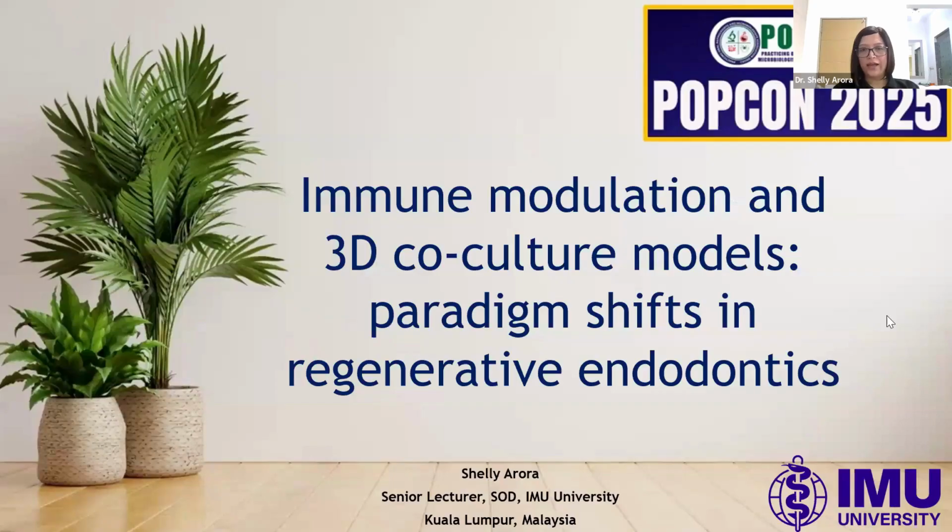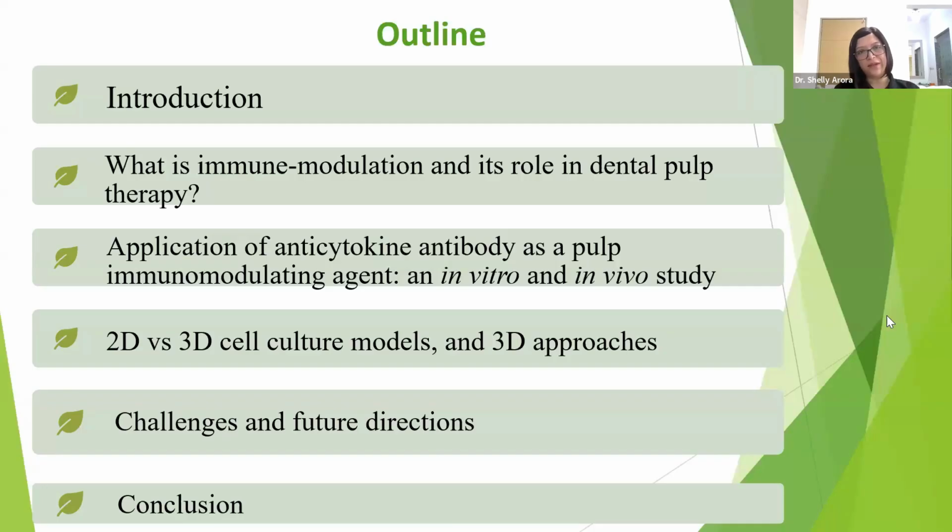So, the topic is immune modulation. I have divided my topic into a brief introduction. I'll give you a brief glimpse of what immune modulation is and how it works for dental pulp therapy. There are various roles of immune modulation.